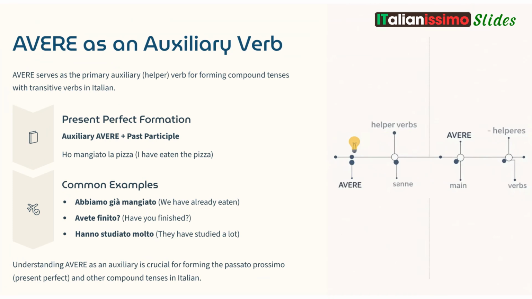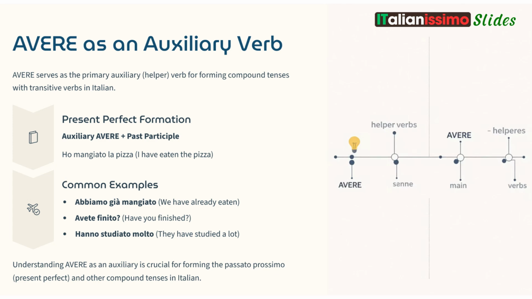Avere as an auxiliary verb. Avere serves as the primary auxiliary, helper verb, for forming compound tenses with transitive verbs in Italian. Present perfect formation. Auxiliary avere plus past participle. Example, ho mangiato la pizza. I have eaten the pizza.